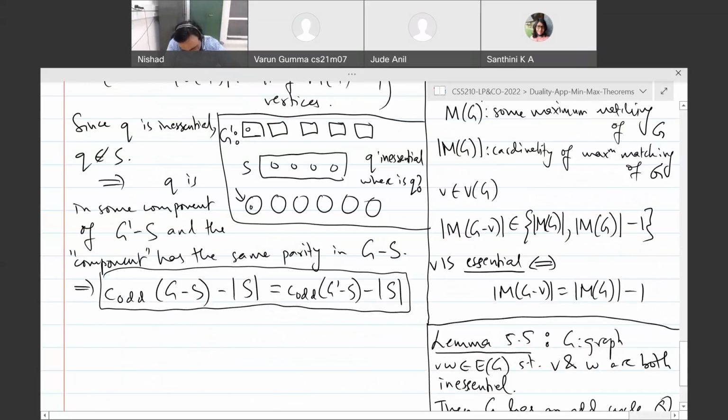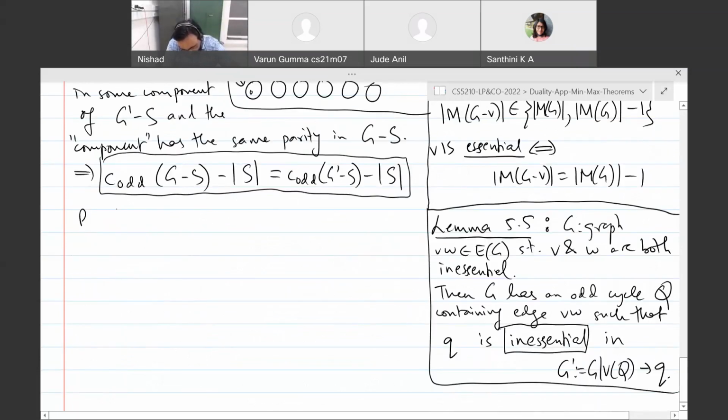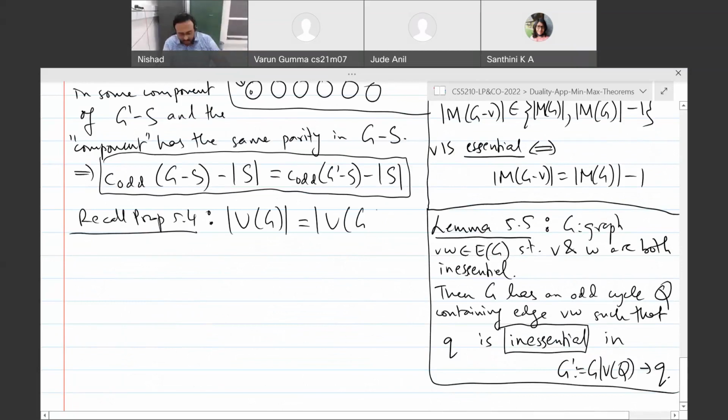Recall proposition 5.4, which says that the number of exposed vertices in G is the same as the number of exposed vertices in G prime with respect to maximum matching, right? So here we are looking at the number of M-exposed vertices.